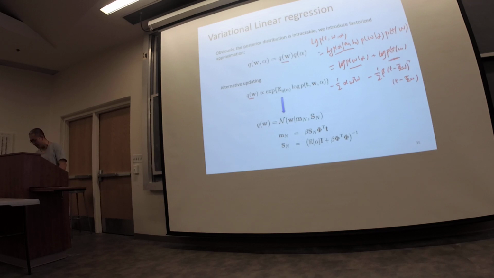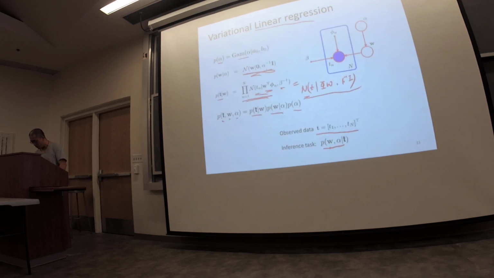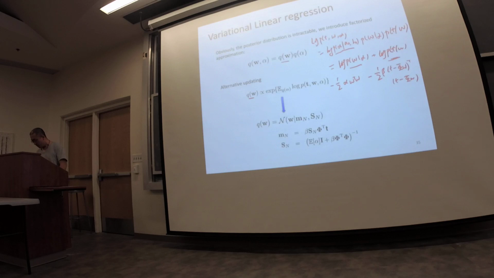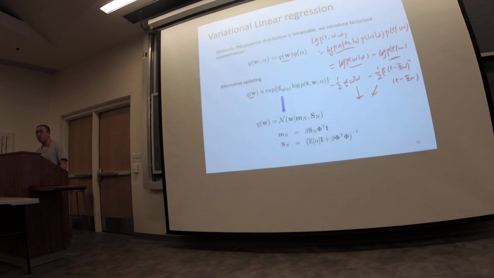This comes from the one big Gaussian distribution I just mentioned. So now, if I take the expectation of alpha here, and then do the exponential and normalize, what's the distribution for this?